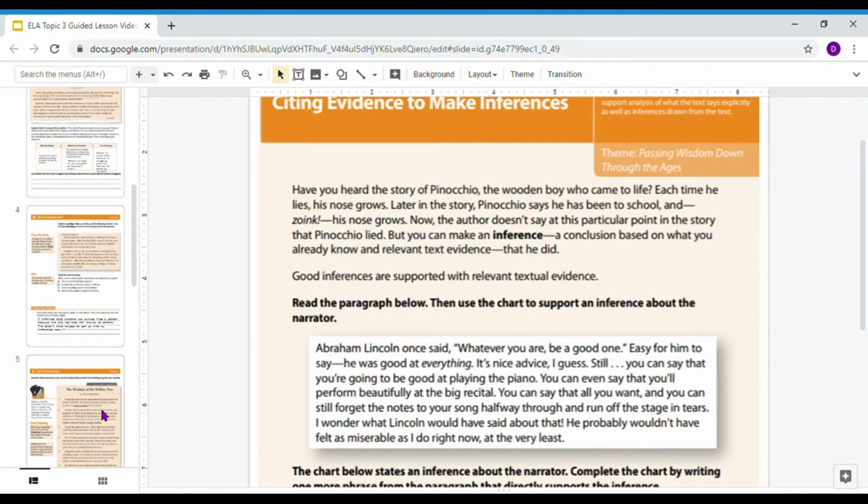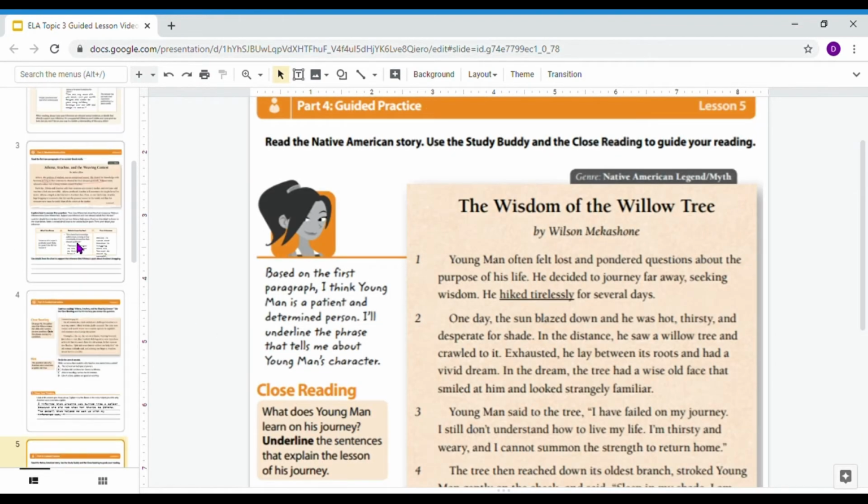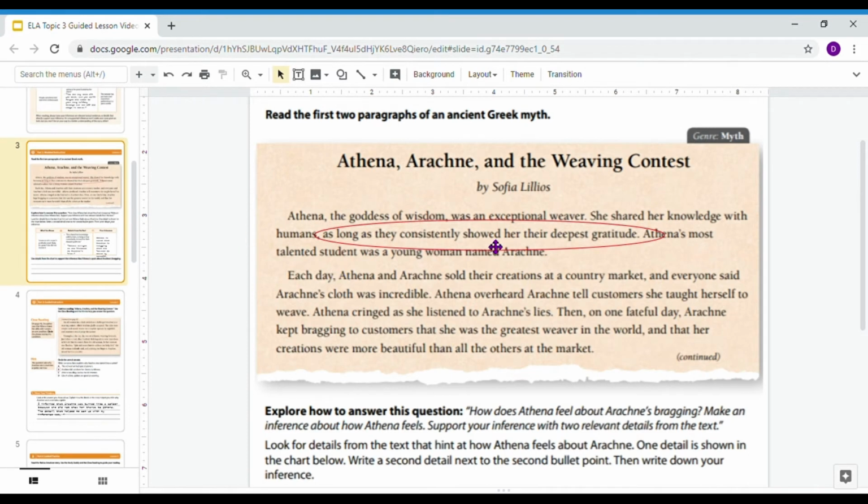Oh goodness, sorry everybody, I lost my spot. Okay, what we circled here was that as long as they consistently showed her deepest gratitude, then Athena was sharing her knowledge with humans.